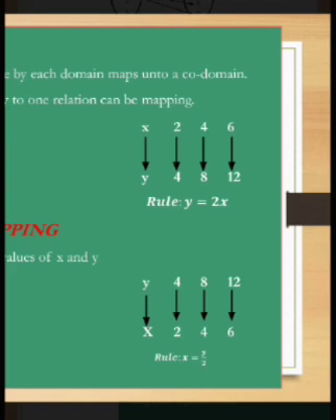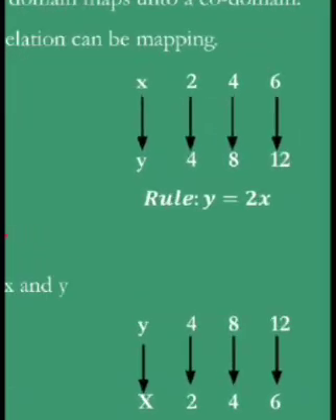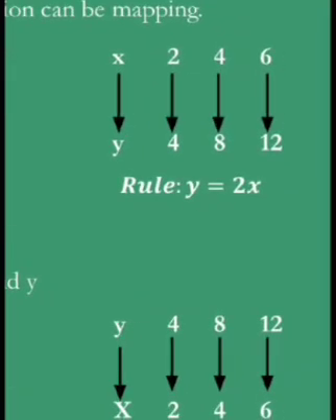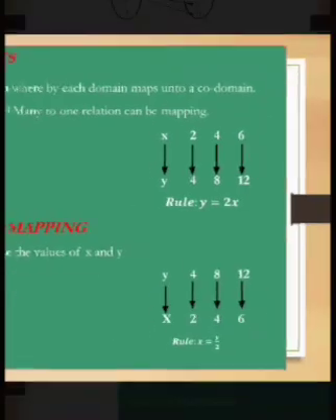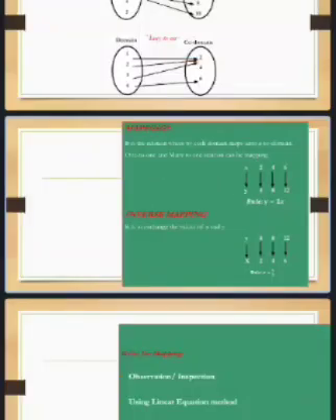So 12 minus 8 is 4, 8 minus 4 is 4. So there's a common difference. Let's look at the one down. That one, 6 minus 4 is 2, 4 minus 2 is 2. So there's a common difference. Good. Common means it must be everywhere.